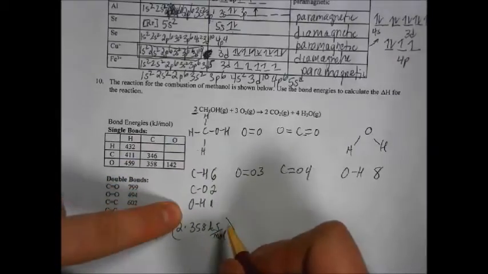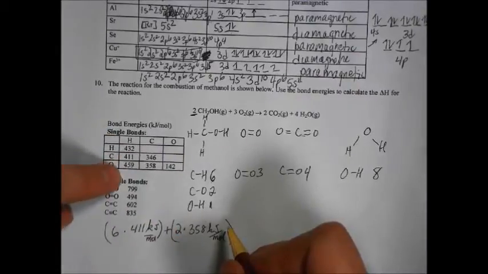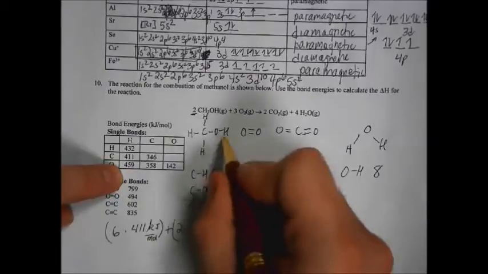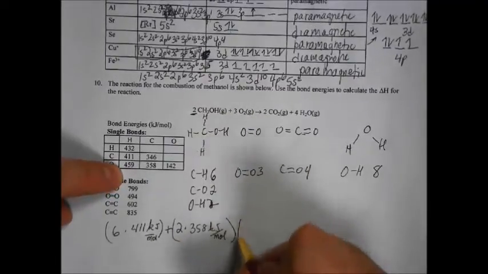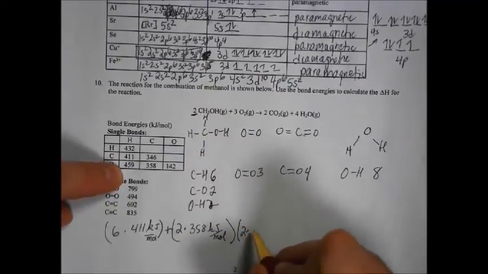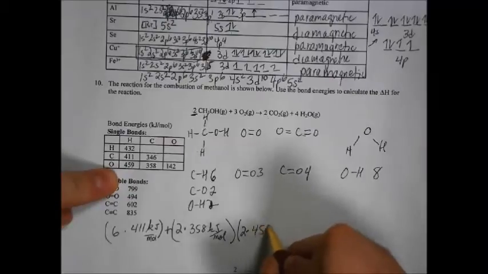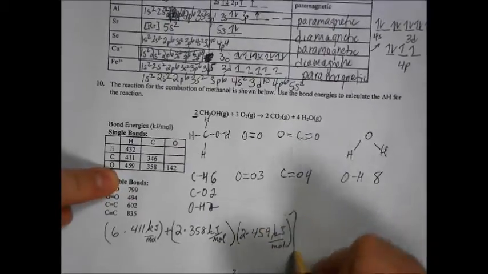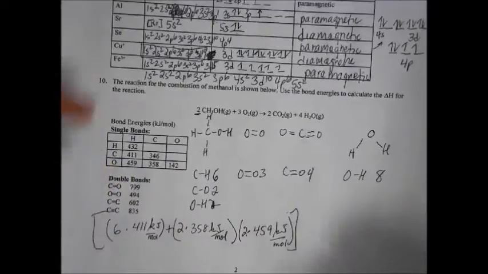And we're going to have our OH bond, which is going to be 1, oh, I'm sorry, this should have been 2 because of the stoichiometry. This should be 2 times 459 kilojoules per mole. Okay, so we're going to do that all together.